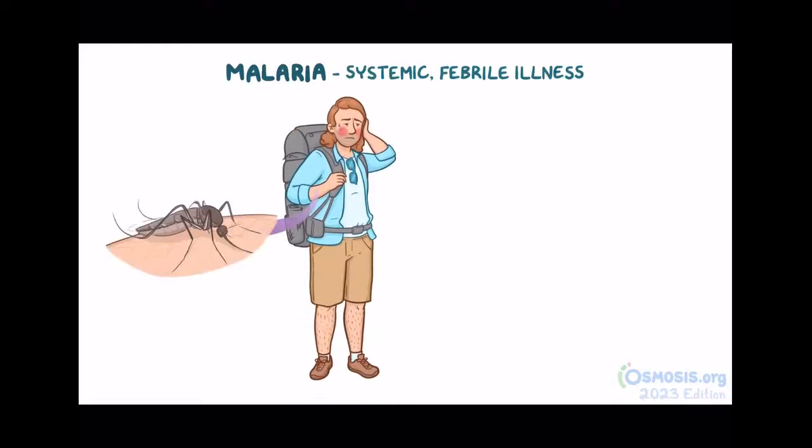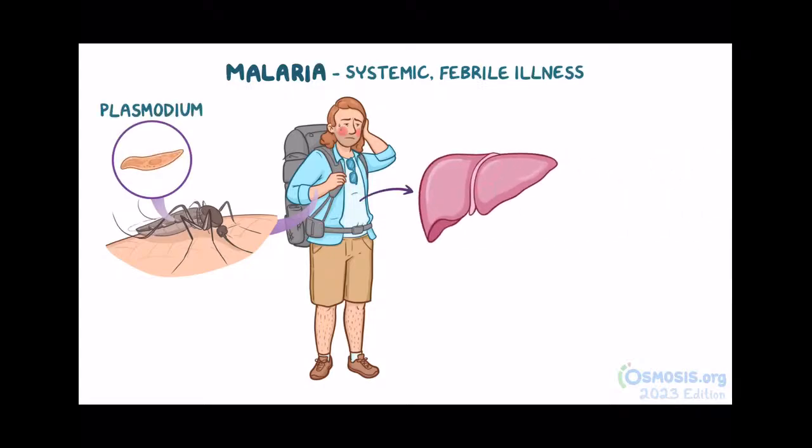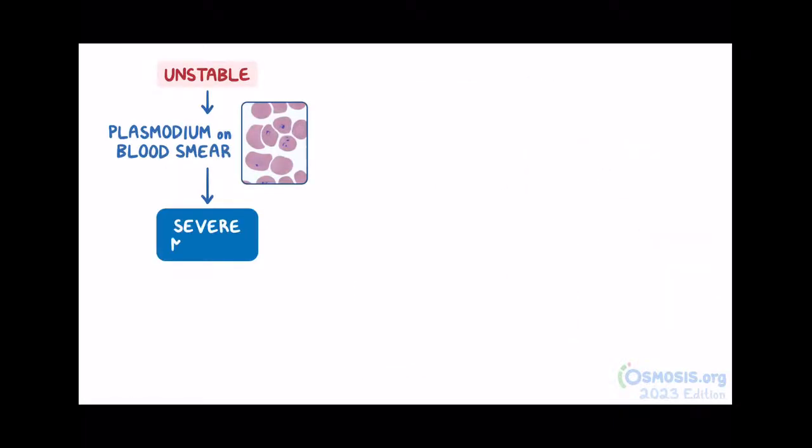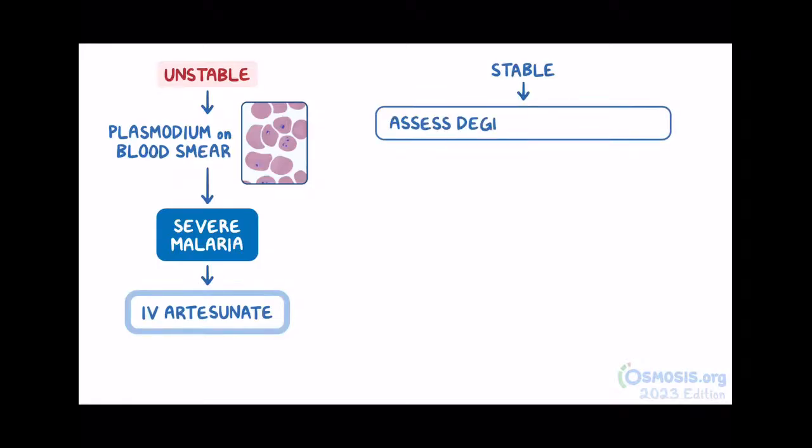Alright, as a quick recap, malaria is a systemic, febrile illness caused by the protozoan parasite Plasmodium, which invades and destroys red blood cells. Unstable patients with Plasmodium species observed on blood smear have severe malaria, and they are treated with IV artesunate regardless of the Plasmodium species. For stable patients, you need to assess the degree of parasitemia.